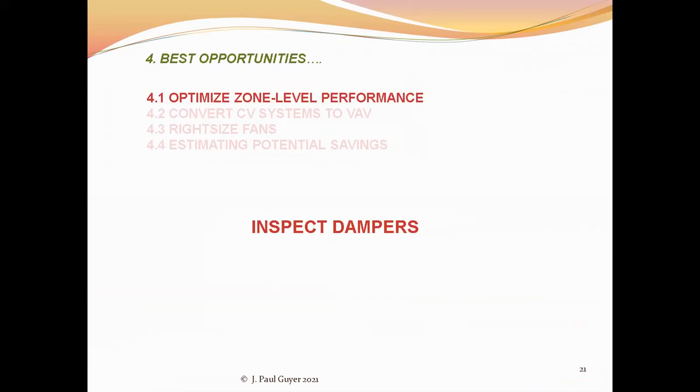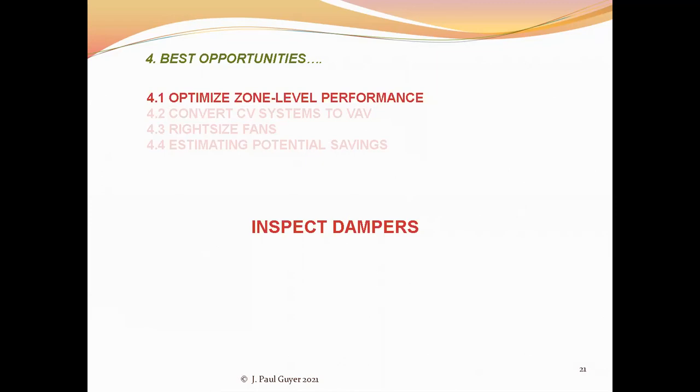This sounds kind of rudimentary, but just setting them, instead of having the thermostat set at 72 degrees in that space, just set it at 75 or 76 or 77, that sort of thing. Inspecting the dampers can be important.